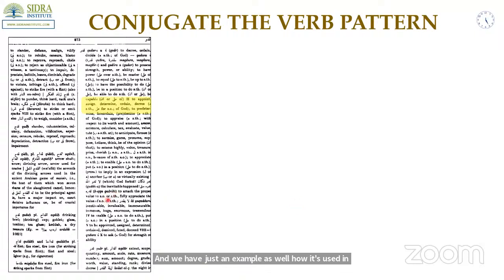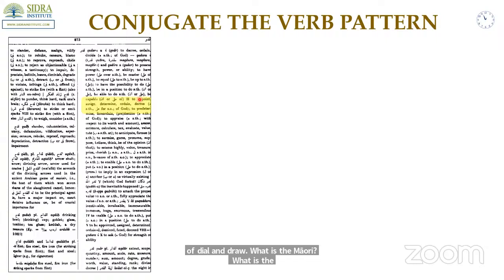We have here qaf, dal, and ra, and then we got number two. So we're looking at number two, qaf, dal, and ra. What is the madi, what is the mudari, and what is the masdar? Remember what the verb pattern was? The clock is ticking away.